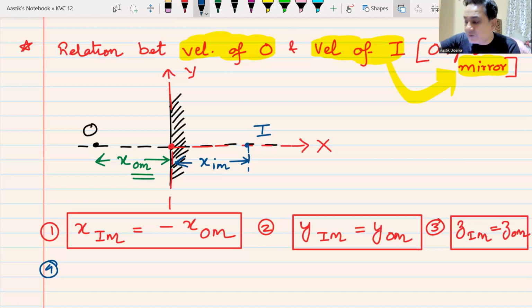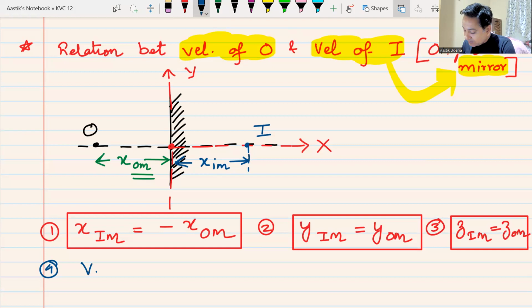And how do I get this 4th equation? It's very simple. I will differentiate, my dear friends, equation number 1. Can you tell me what is the result I'm going to get? VIM is equal to minus VOM.